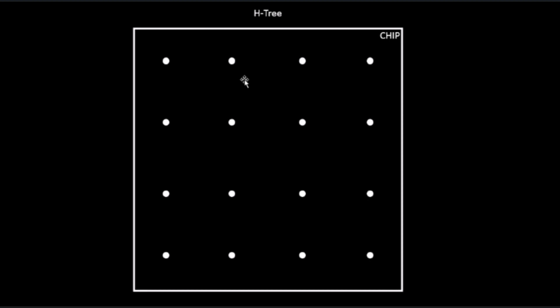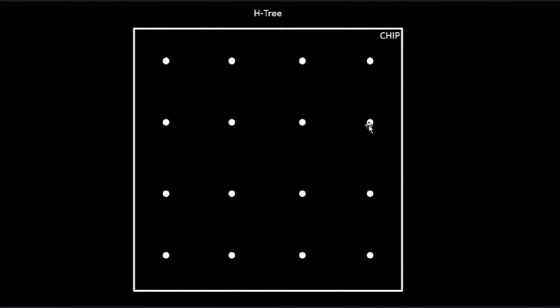So you have the 16 flops sitting at these points, and the clock pins of those flops are located at these white spots. Each of these white spots will be the clock endpoints which we need to connect. Also, in the example that we have taken, the clock pins are sitting very periodically, very equally spaced. So the distance from each clock pin to the other one is the same.